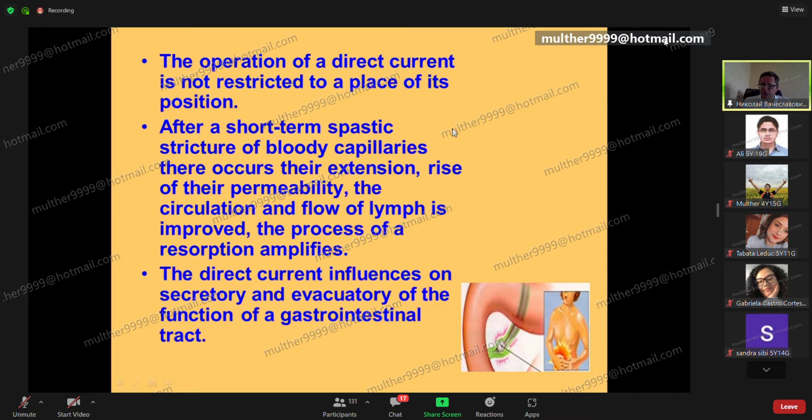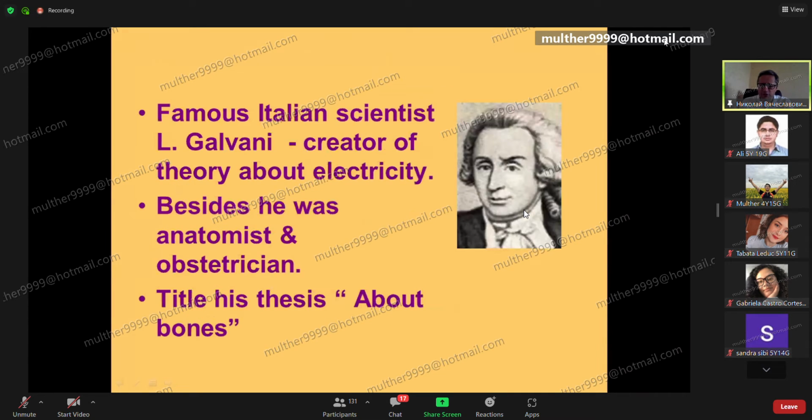Direct current also can stimulate secretory and evacuatory function of the gastrointestinal tract, especially in patients with problems with intestinal peristalsis. It's important after surgical operations.